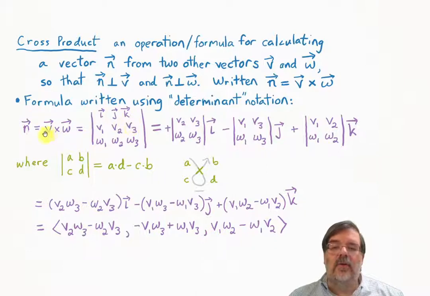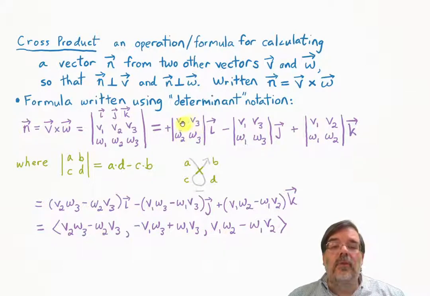Right, so along the top row, write i, j, and k. Along the next row, write the components of v. And along the last row, write the components of w. Now, what we're going to do is extract little 2 by 2 sets of numbers, and we're going to put them, again, in blocks like this. A block of numbers is also called a matrix. This we'll spend a lot of time talking about in the future.